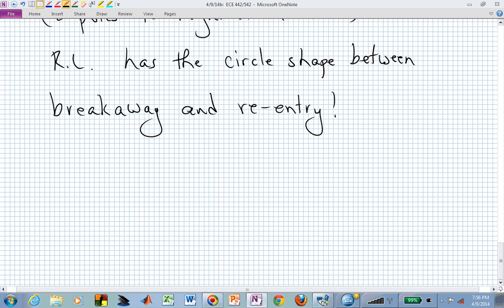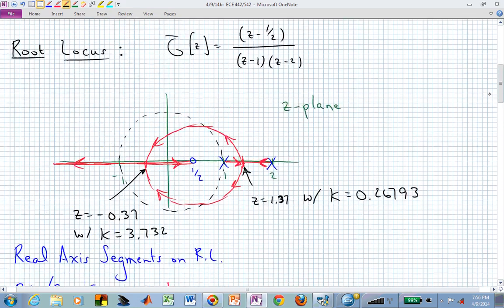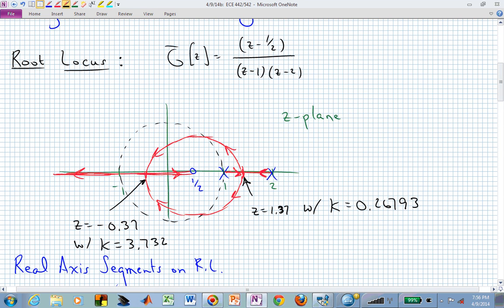Now, what we want to do is find the minimum value of k for stability. We know it's going to be at that triangle location, and the maximum value of gain for stability is going to be at the square where that second branch exits the unit circle out of -1.